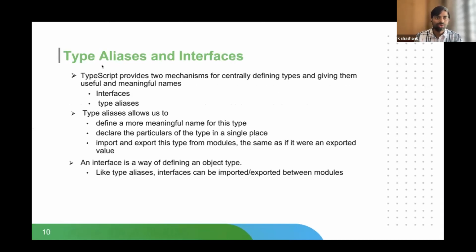Now I want to talk about type aliases and interfaces. We have seen the primitive types, and for primitive types we can just annotate the types. But even for primitive types, if we want to reuse them, say an employee ID type that we want to use at multiple places, which we just saw is number or string, then instead of just annotating it at the declaration step, we can use other ways.